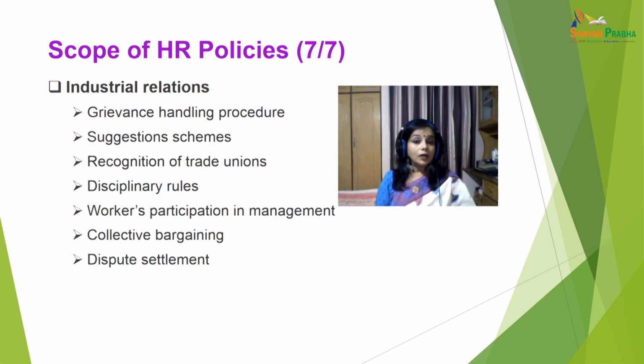So industrial relation policy should be framed and it should be in place. What all should be included in that? One is grievance handling procedure. A clear-cut grievance handling procedure should be there in the organization. Suggestion schemes, and this should not be only for the sake of it. You have to look into those suggestions and work on them.